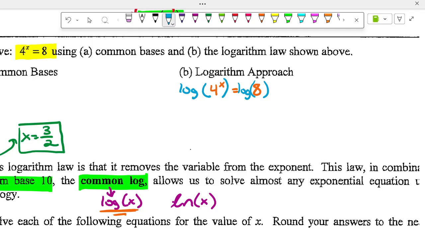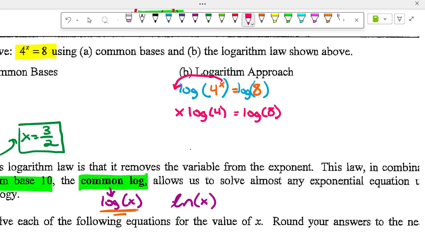So by taking this log, we can now use that third logarithm law, which was above, and bring that x to the front of the log. So it's out of the exponent. So that's our next step. We're going to bring that x out of the exponent. So we now have x log of 4 is equal to log of 8.